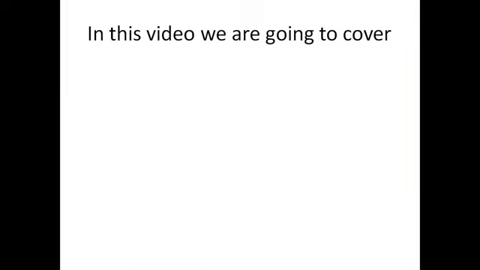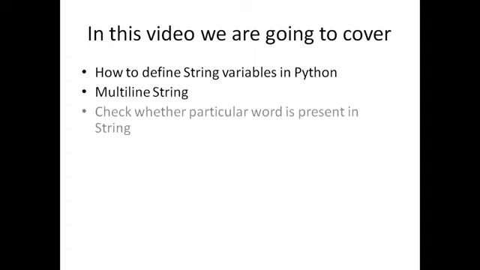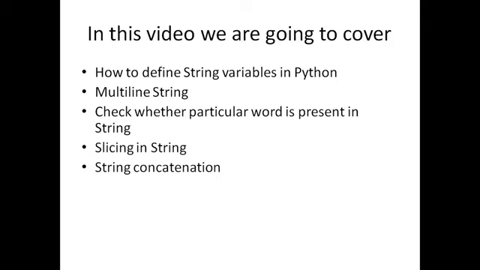In this video, we are going to cover the following topics: how to define string variables in Python, how to define a multiline string, and how to check whether a particular word is present in the string. We'll see how we can perform those operations with the help of string methods, what string slicing is, and how to do string concatenation, both combining two strings and combining a string and a number.